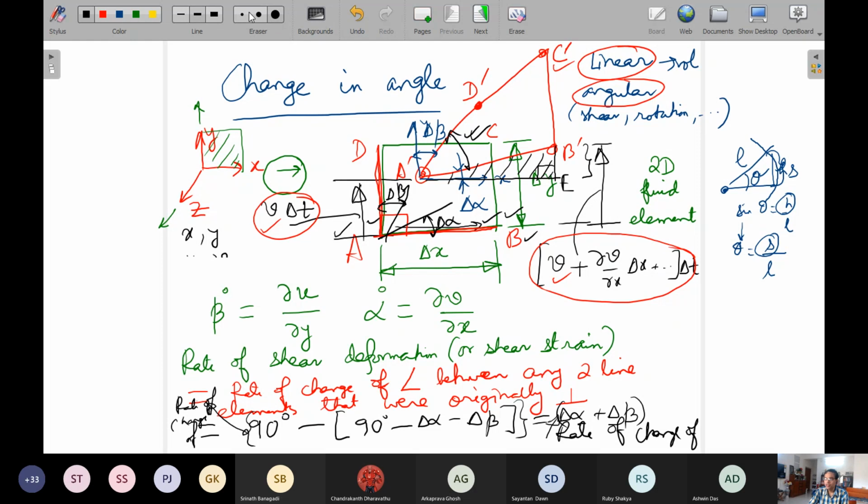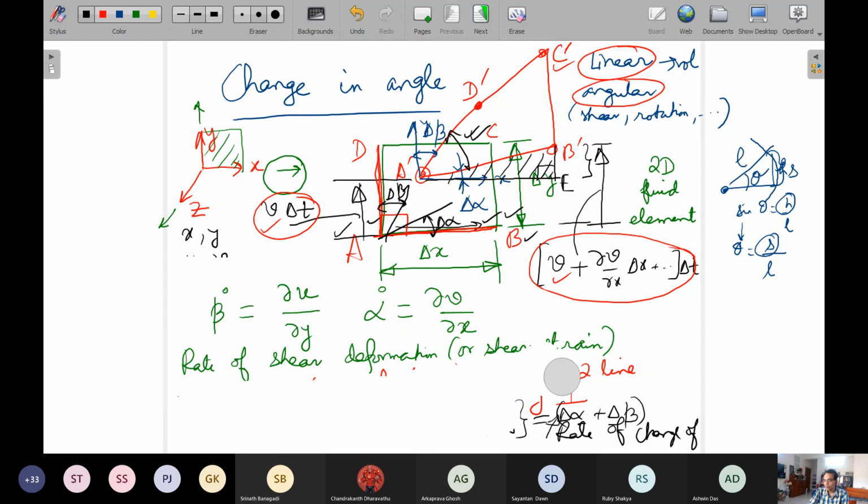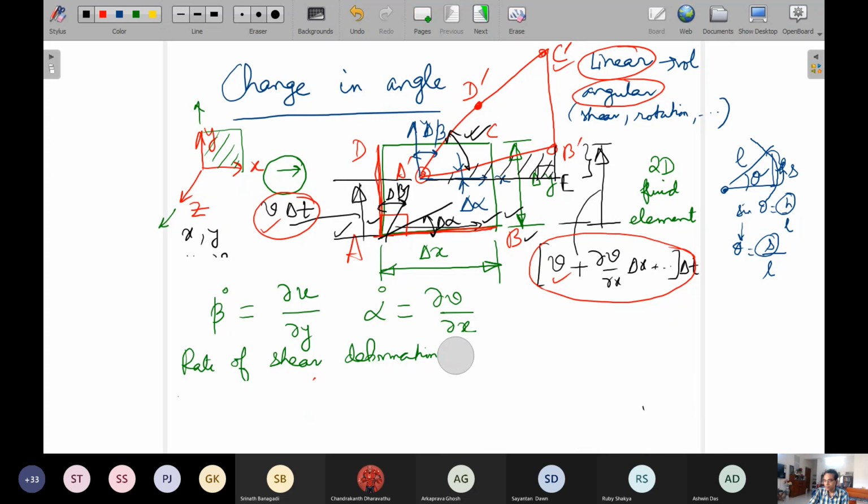So we can simply say that out of this physical description, that rate of shear deformation, of course in this plane, is alpha dot plus beta dot.